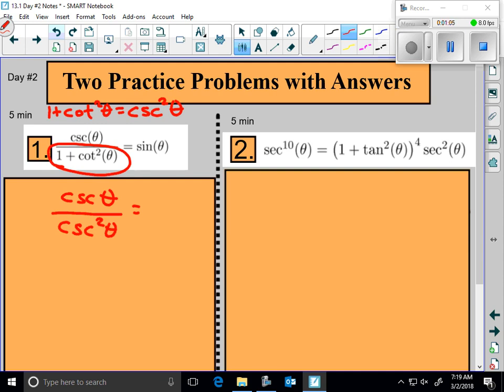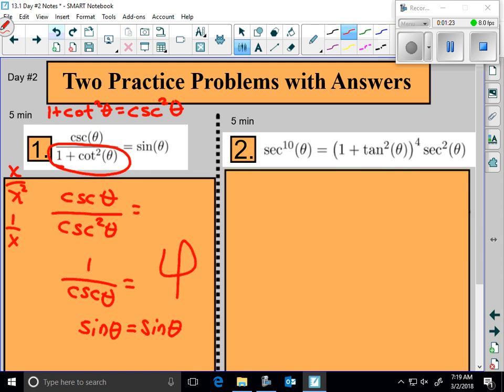And if you take, like we did yesterday, x over x squared, that reduces to 1 over x. So here, cosecant over cosecant squared is 1 over cosecant, which, conveniently, cosecant is the reciprocal of sine, and therefore, we're done.